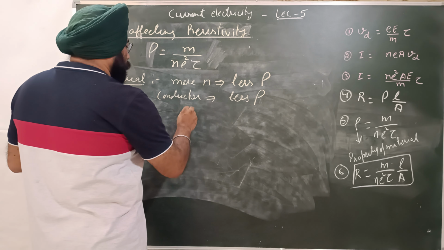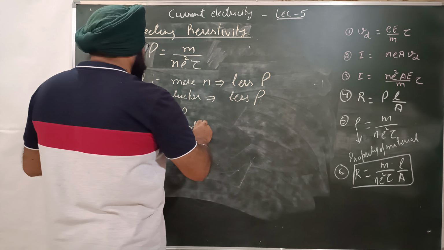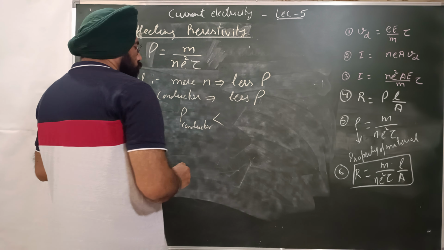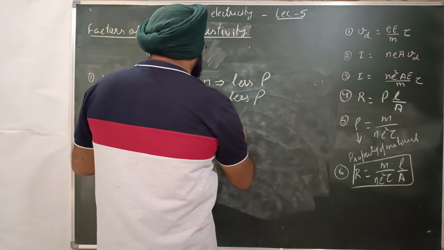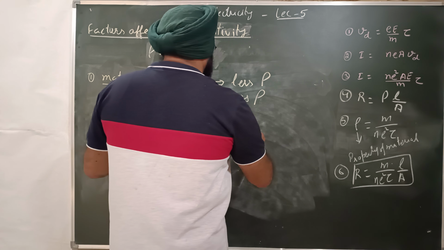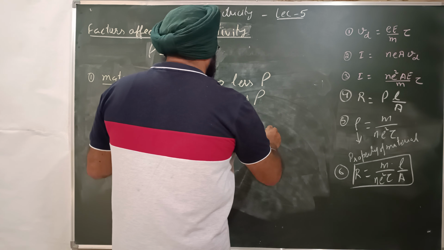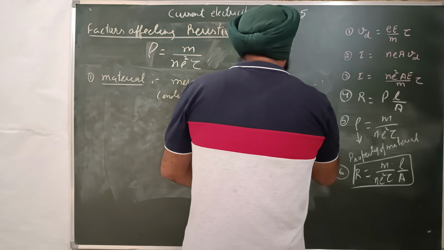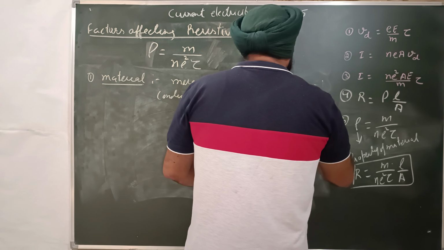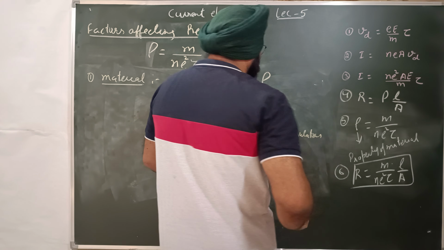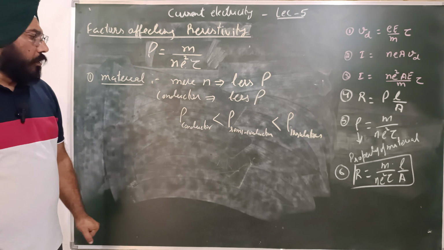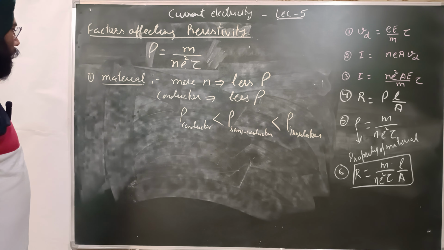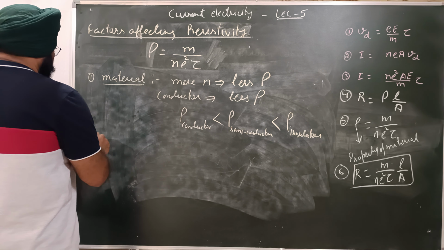The resistivity of conductors is less than the resistivity of semiconductors, and the resistivity of semiconductors is much less than the resistivity of insulators. Insulators have more resistivity as compared to conductors, and this also depends on temperature.